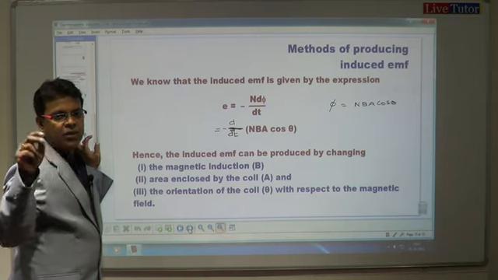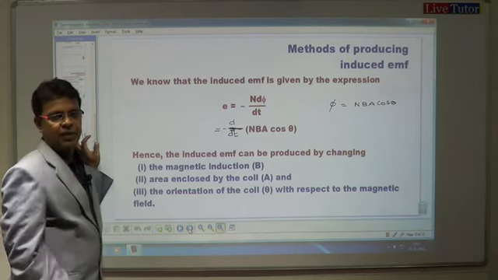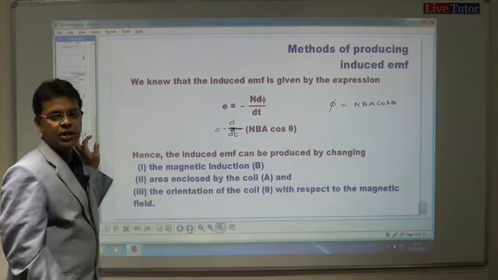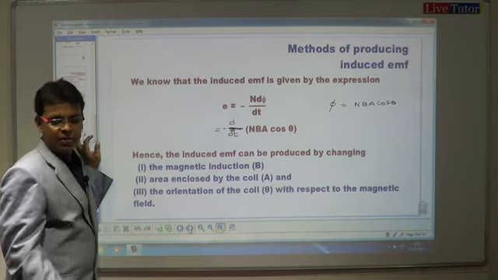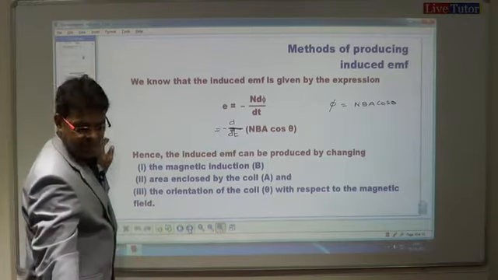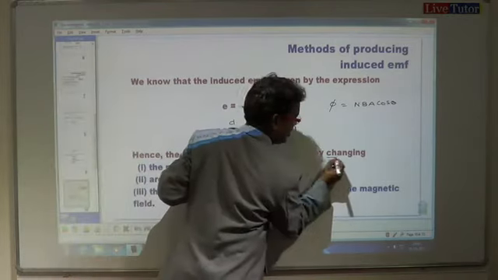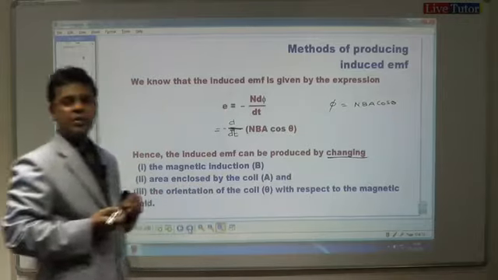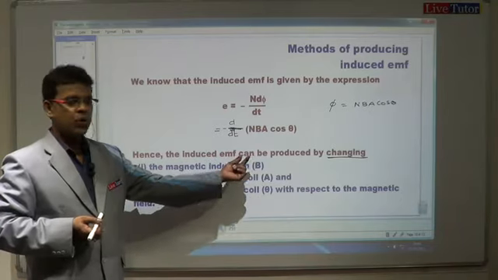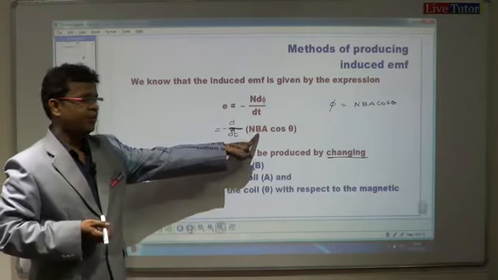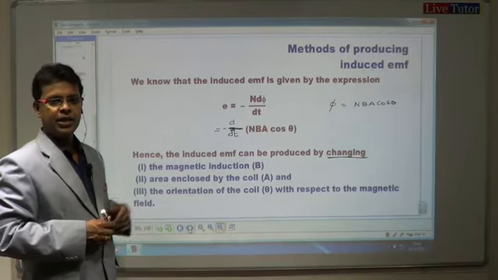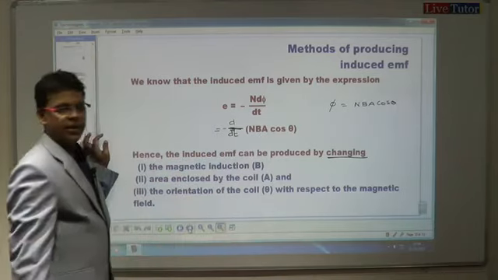The angle between the normal to the surface and the magnetic field, theta, அது change பண்ணலாம். அப்போ 3-mark question if they are asking what are the different methods of producing induced EMF அப்படின்னா, we can say the induced EMF can be produced by changing. இந்த பாயிண்ட் ஞாபகம் வச்சுக்கணும். நீங்க எழுதும்போது இதை விட்டுற கூடாது. ஓகே? 3 marks ஆன்சர் பண்ணும்போது changing ஞாபகம் வச்சுக்கணும். So induced EMF can be produced by changing. First point: the magnetic field B or magnetic induction B. Second point: A, area enclosed by the coil A.